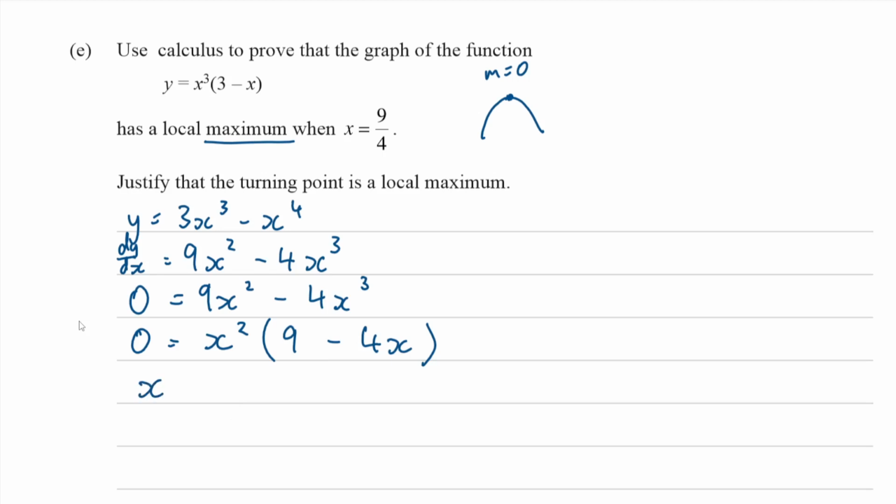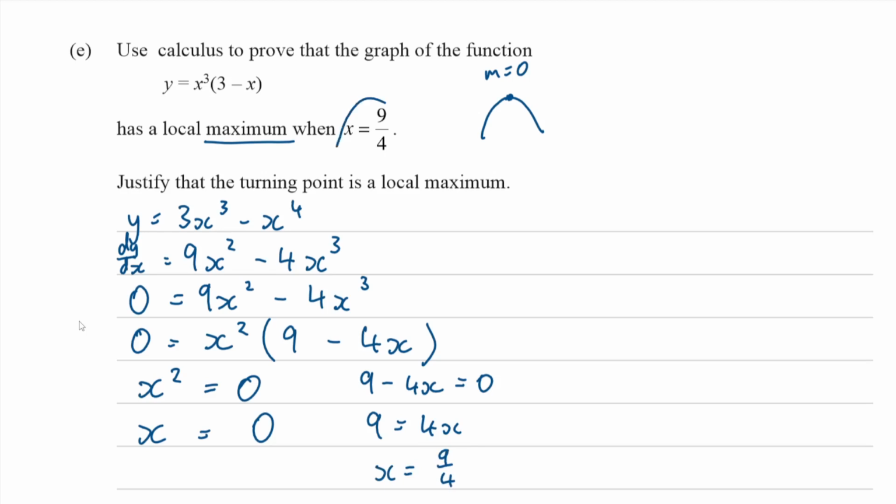So we could write x squared equals 0, or x equals plus or minus 0, which is just 0, two times, or 9 minus 4x equals 0. Add 4x to both sides. Divide both sides by 4. We get x equals 9 over 4. Aha!